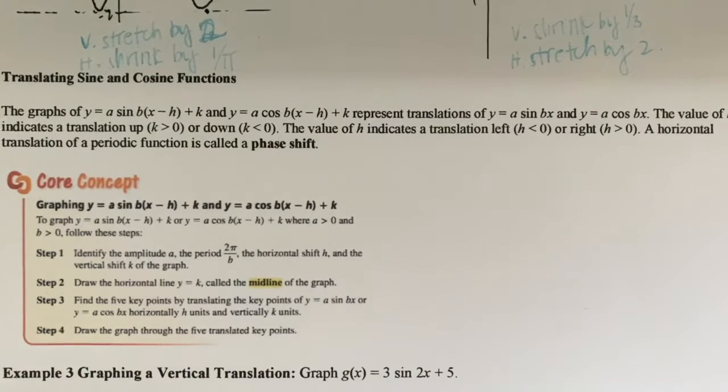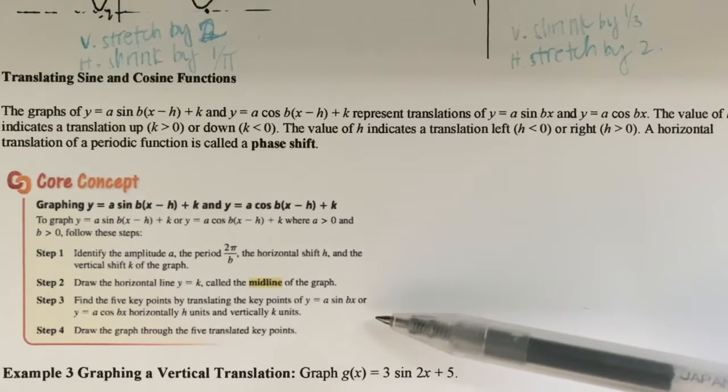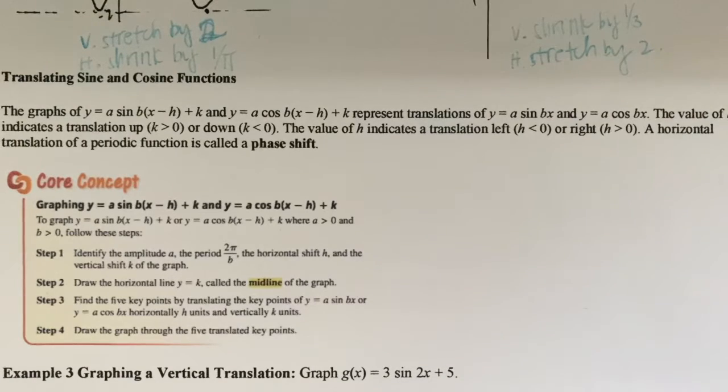You can think of the midline like how the x-axis was in our examples from yesterday without a vertical translation. Then you are going to find the 5 key points. The key points are the minimum, the maximum, and where it intercepts the midline, which yesterday were our x-intercepts. And then we will connect the points of the graph.